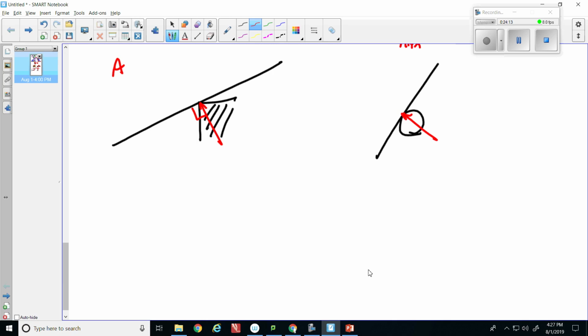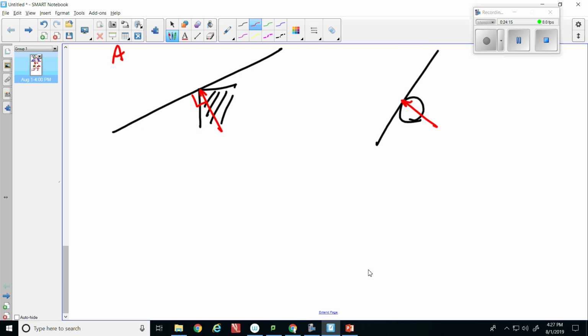Let me try to come up with an example that's not exactly the same as the test. I don't want to just draw the whole thing.